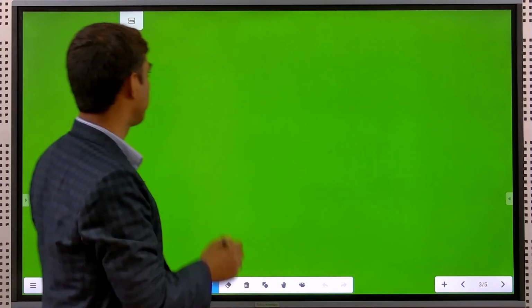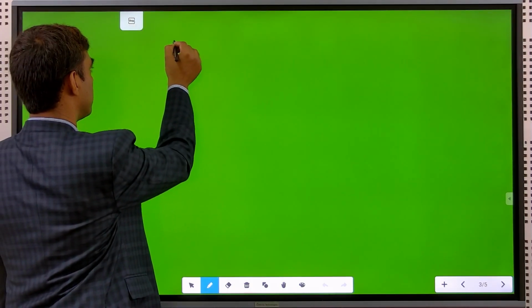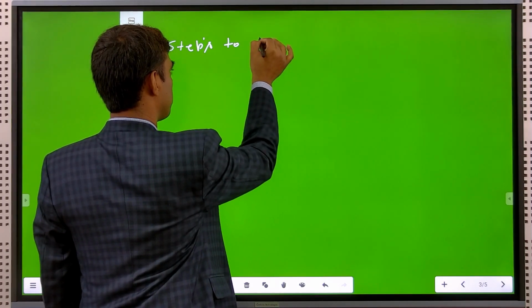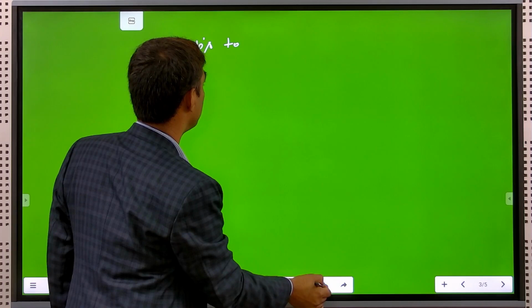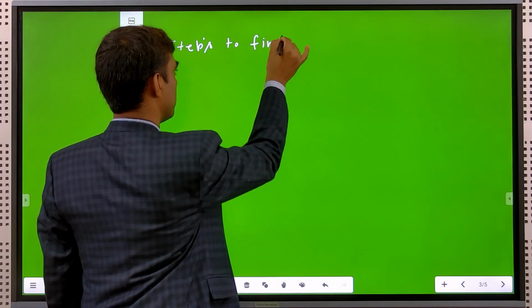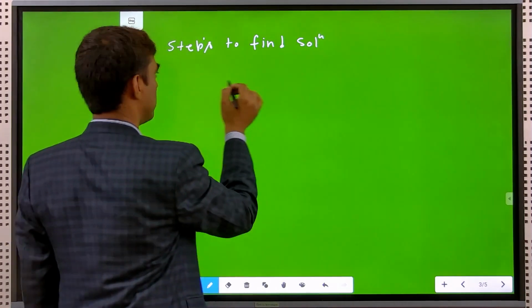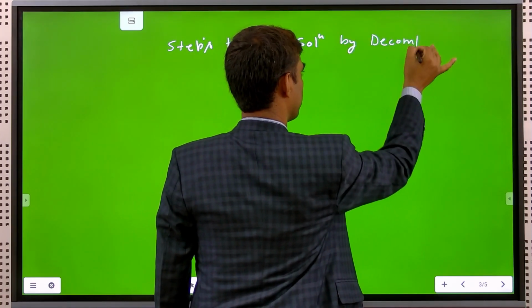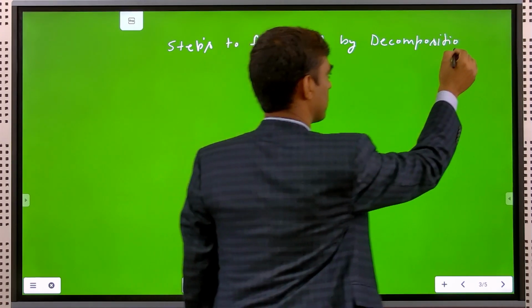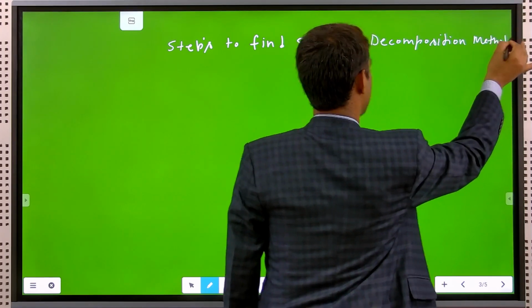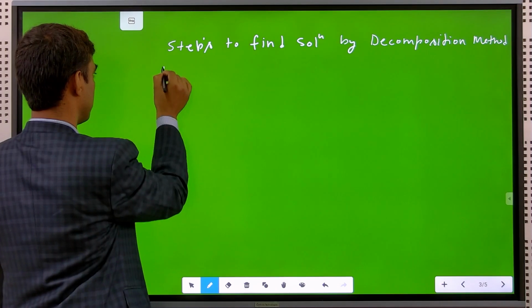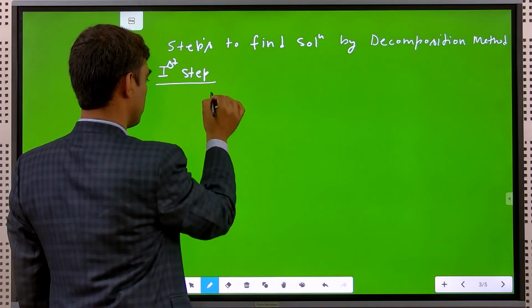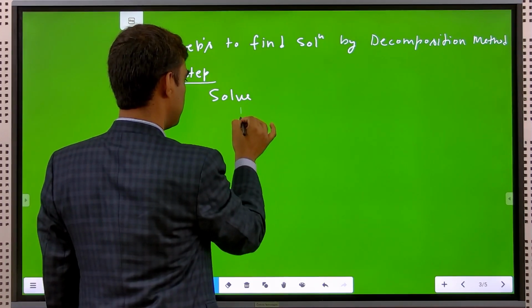So, the steps to find the solution by the decomposition method: first step, solve Lz equals B.